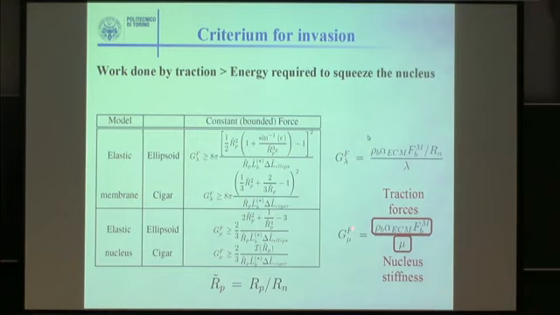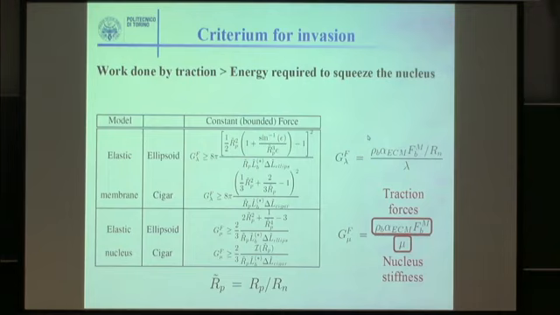Okay, so the criterion is this one. If this number is larger than something that is related completely to the geometry of the channel, you see here RP is the radius of the pores with respect to the radius of the nucleus, then the cell is able to go through that network, otherwise it will not.